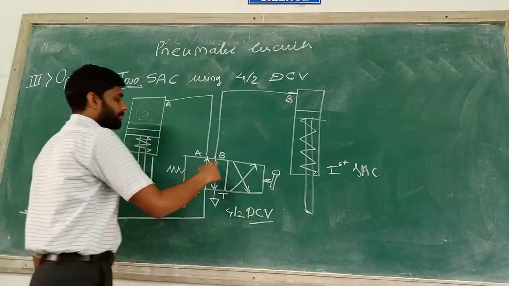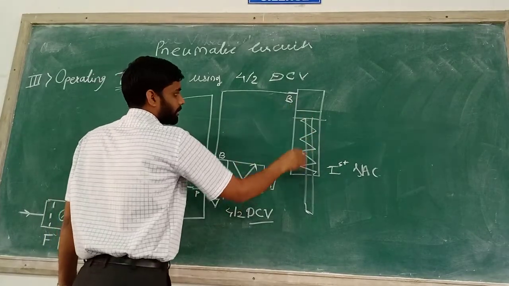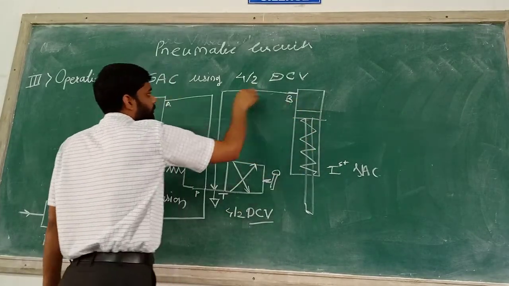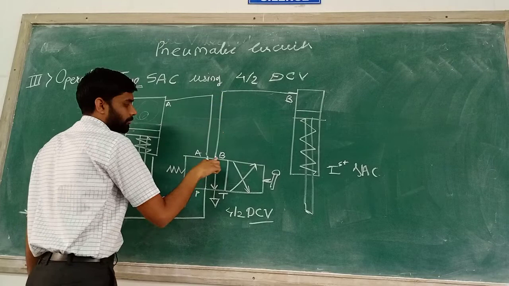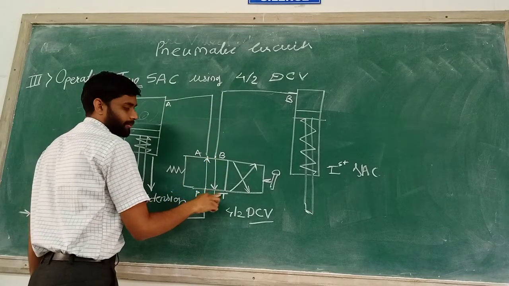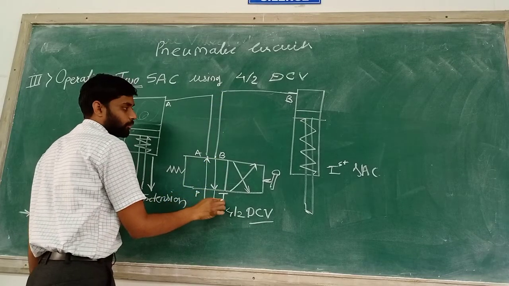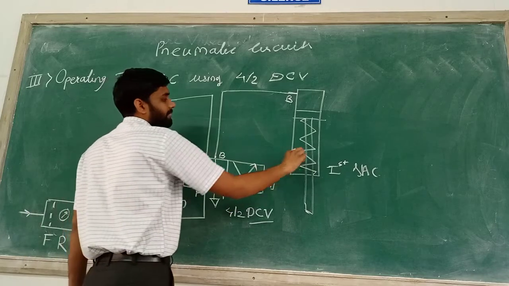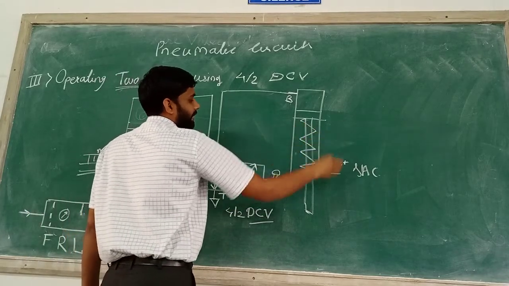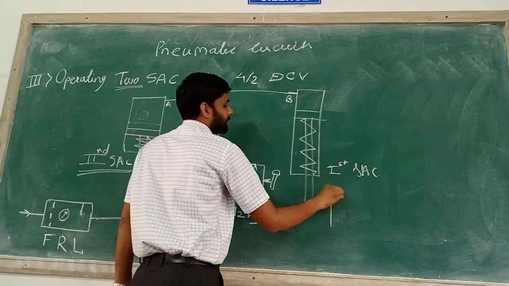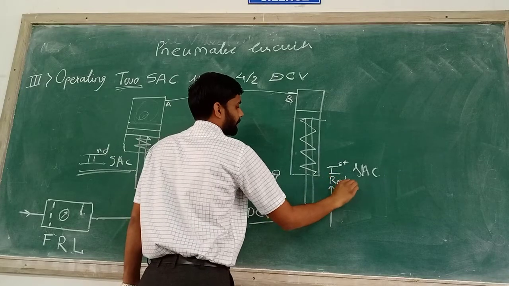And at the same time, what is happening here? The air from this region is moving out from this port B and going to the atmosphere by this port T. Because of this, the spring extends and we are getting the retraction stroke here.